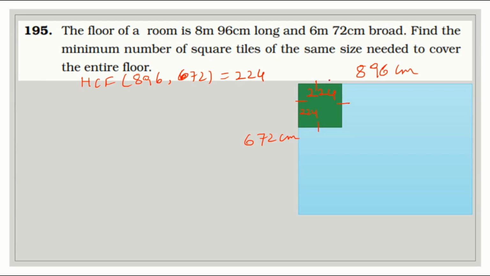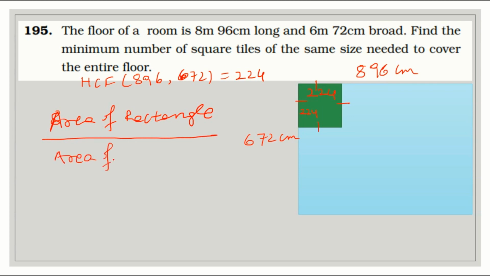That means we have area of rectangle divided by area of a square tile gives you the number of tiles required.